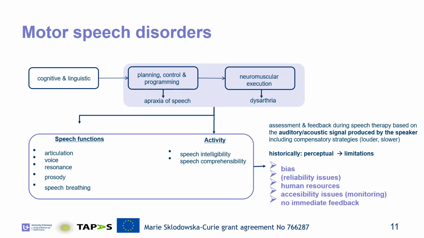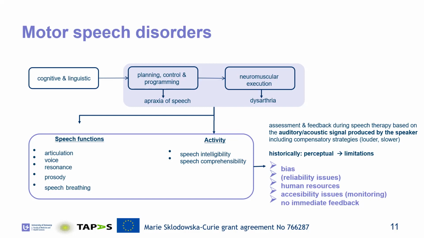Some have reliability issues, others are okay for that aspect, but they do require human resources, and we are expensive. It's also a matter of accessibility, especially for those patients that you want to monitor over time.